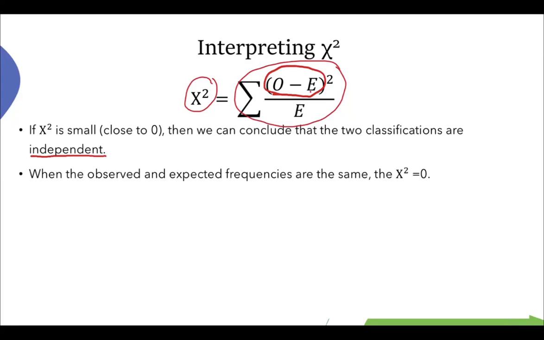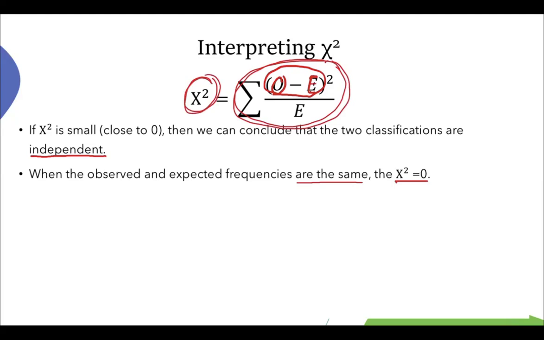If observed and expected are exactly the same, which in the real world they usually never are, chi-square comes out to be zero. So if O is equal to E and you do the subtraction, you're going to get a zero. This whole calculation will come out to be zero and chi-square will be zero.